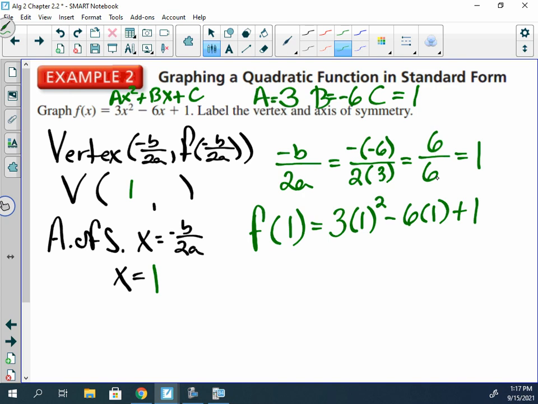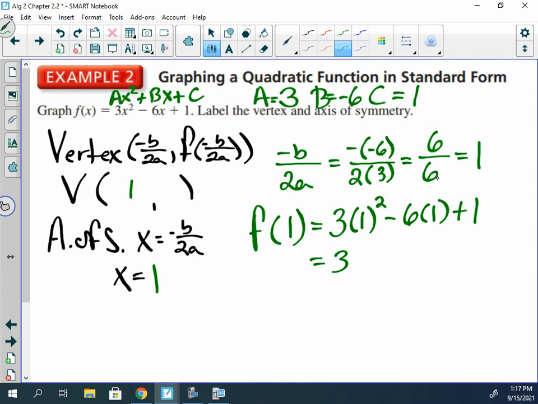F of negative b over 2a is really just saying we take whatever the x value is that we found for the vertex and plug it back in to find the y value. Because there's not an easy value in the function like with the vertex form. We've got to plug it back in. So once we find the x value of the vertex, we plug it back into the function to see what the value of y is.